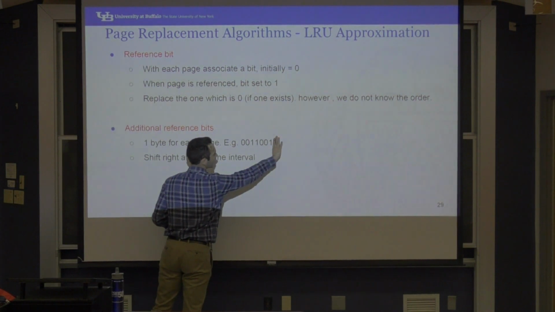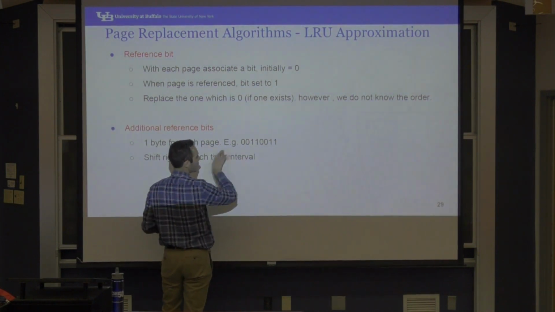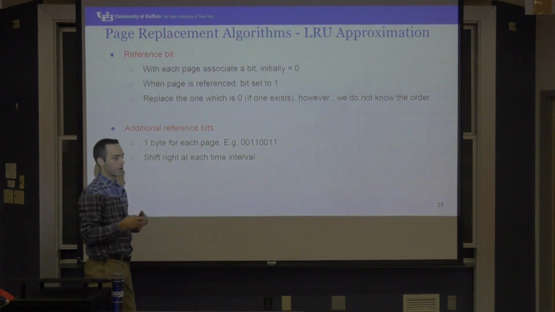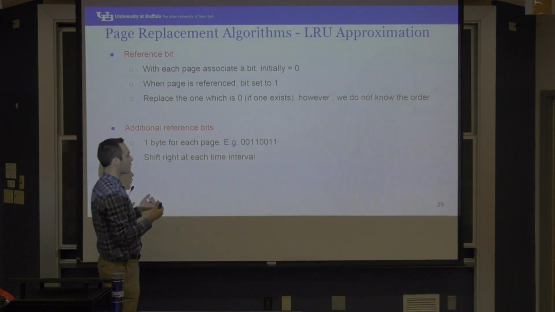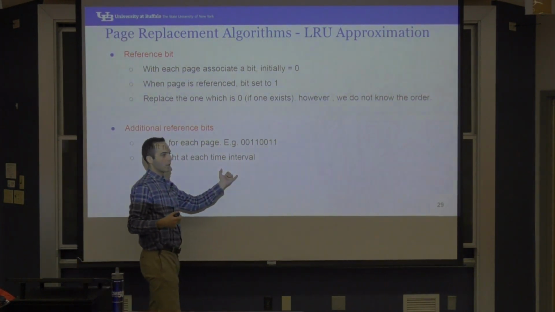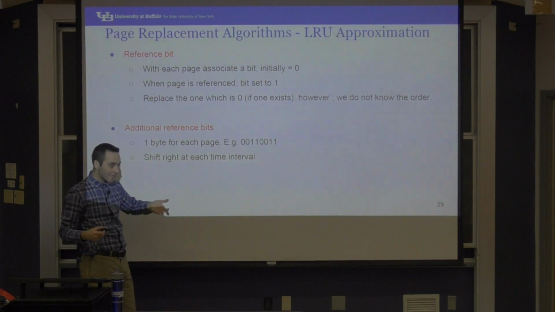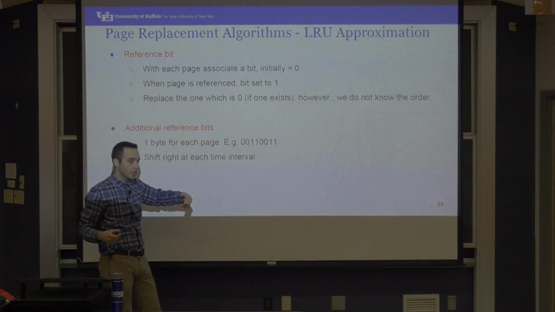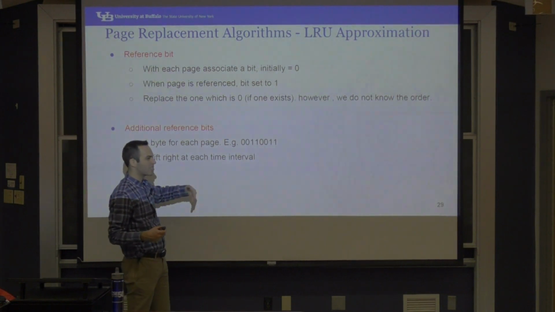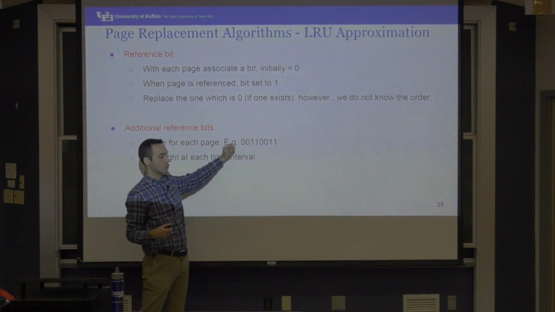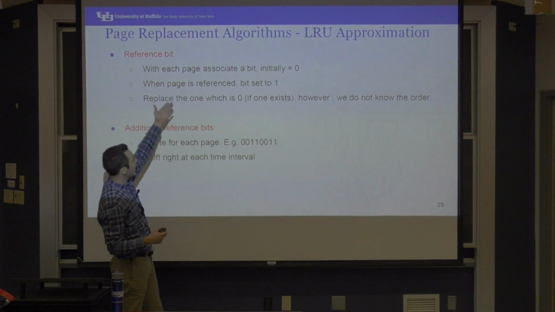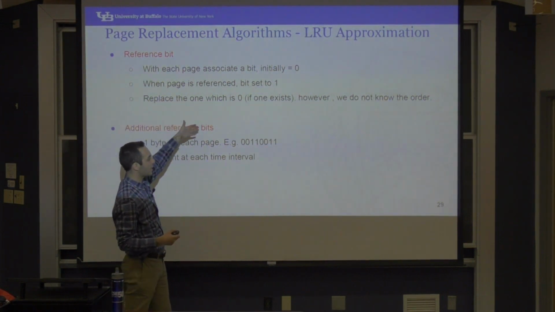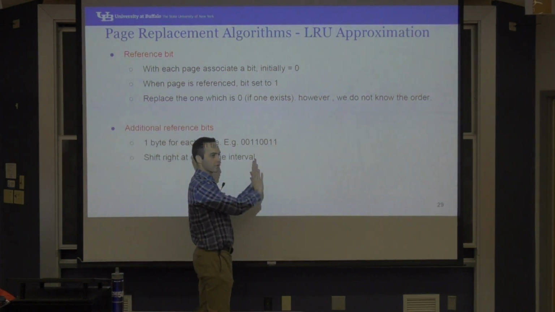So this will be dropped, and now we enter a fresh piece of information from the left. If within the time interval this page has been accessed, then I will enter a 1. If within the time interval this page has not been accessed, I will enter 0. It's basically the same reference bit that we had; we enter it and then push the rest of them.